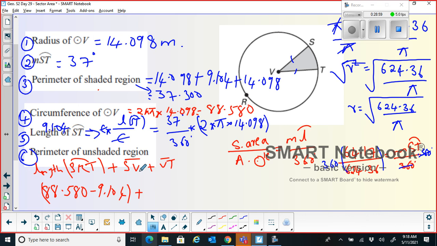SV and VT were both radii, so 14.098, and we have once more 14.098.